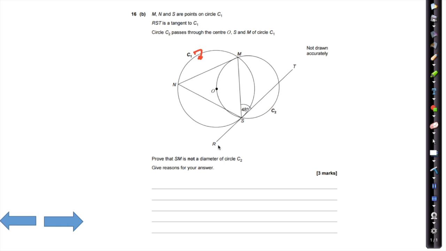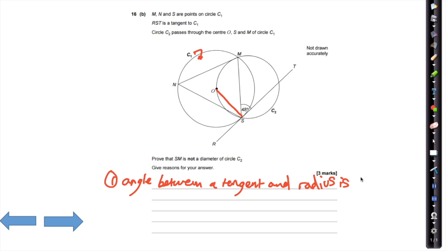If this is a tangent and this is the centre, we can actually draw a radius there, which is going to be useful because you should know that one of our circle theorems is the angle between a tangent and radius is 90 degrees.